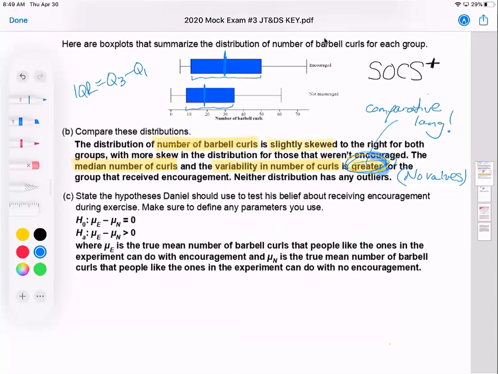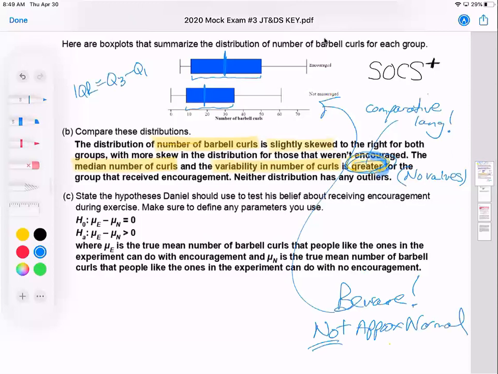Something you don't want to say with box plots: beware not to say that box plots are approximately normal. They can't be approximately normal because we can't tell peaks and gaps from box plots. We don't know where those are.